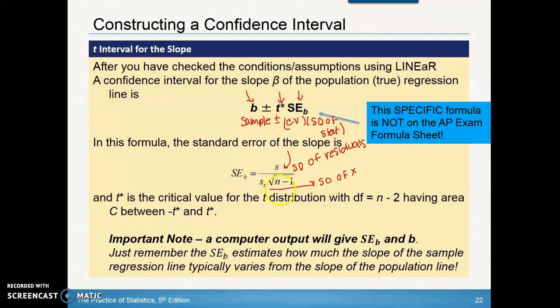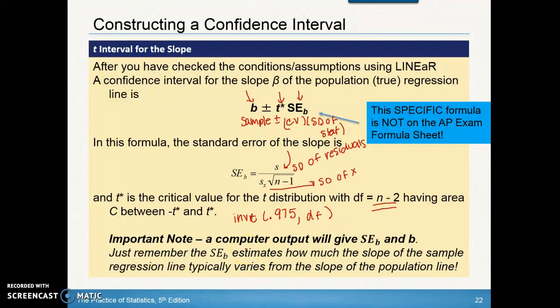Square root of n minus 1 is just your sample size n minus 1. t is your critical value, and you're going to find your critical value by doing the same thing. You're going to be doing inverse t. Let's say it's a 95% confidence interval, so 0.975, and then your degrees of freedom, just remember, in this case, it's n minus 2.